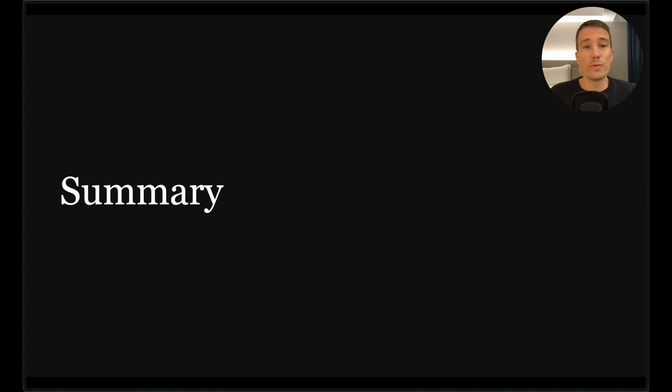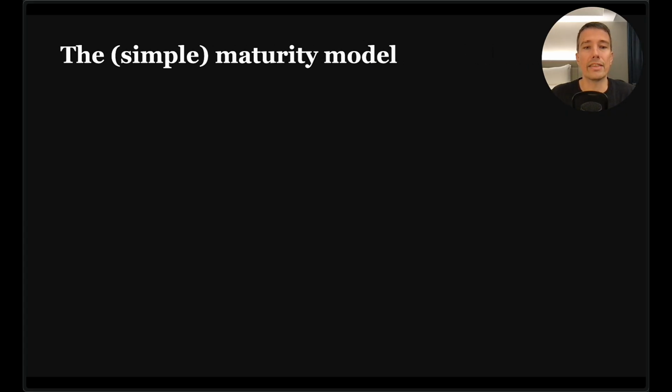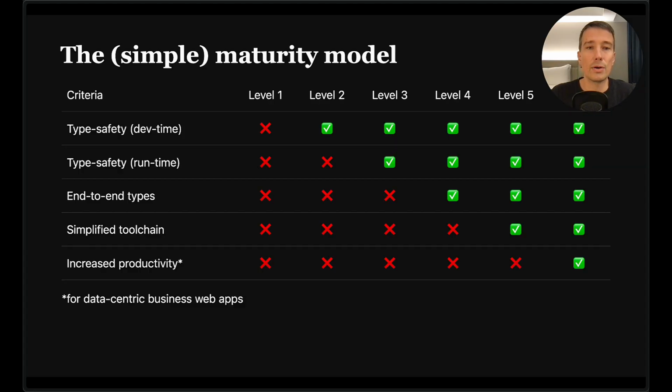Alright, so we reached the highest maturity level 6. There are still some disadvantages left and we still have room for improvements, but I think we made quite some progress. To summarize the way from level 1 to level 6, let's have a quick look at this table. So we started without any types, and we added type safety at development time using TypeScript and at runtime using Zod.